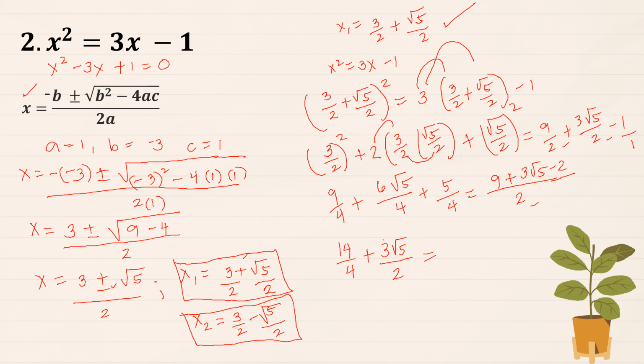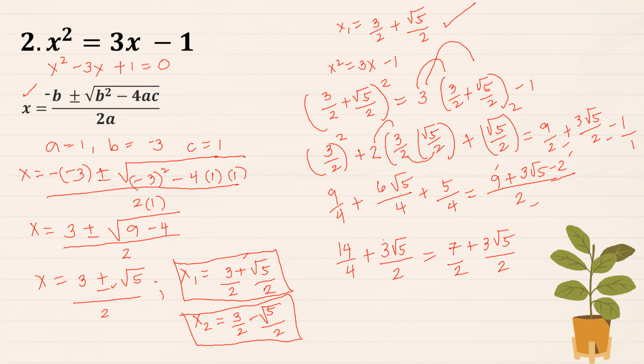So remember the 5 over 4 is being added to 9 over 4 already. So this time, the 9 and 2 are both constant. So 9 minus 2 will give us a 7. And then plus 3 square root of 5, and this will be over 2, and this will also be over 2. So are they equal?